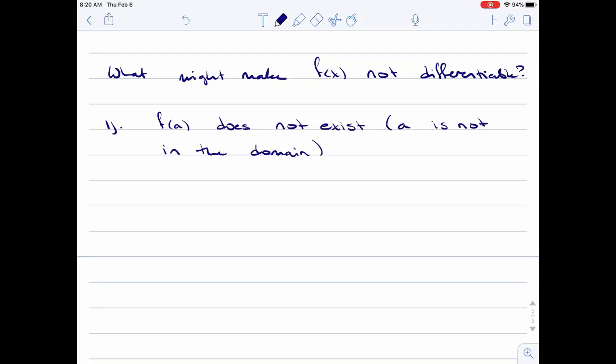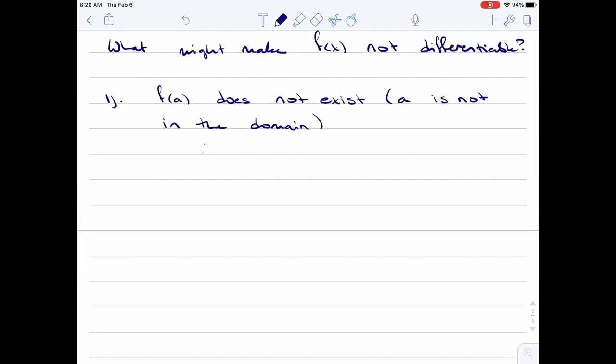A common example is a function like this, and here we are at a, and this is y equals f of x.